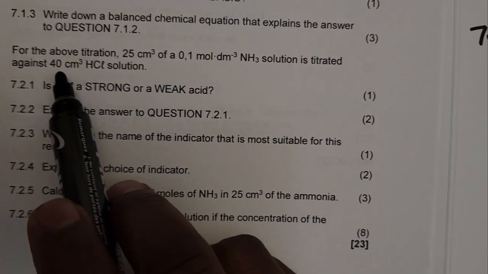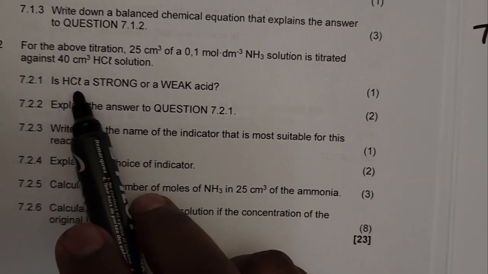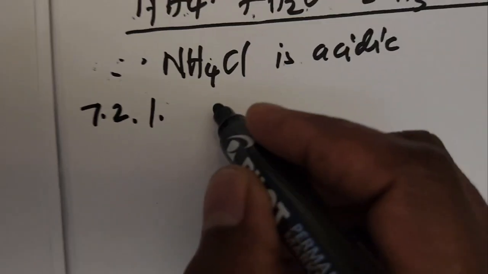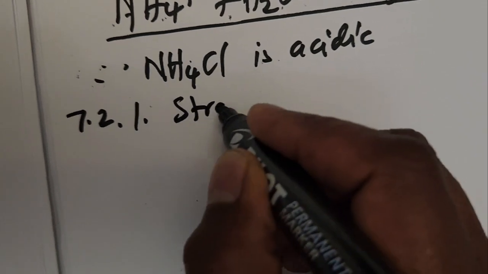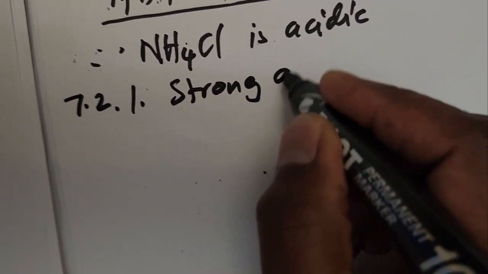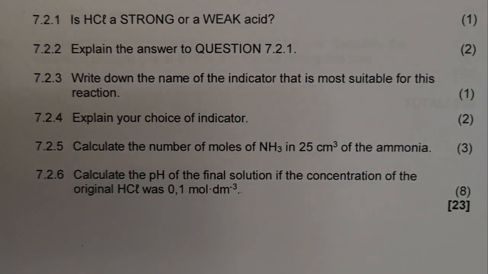So there we now need either concentration or number of moles. Fine. Now, is HCl a strong or weak acid? We know naturally HCl is a strong acid. Just say strong acid in this case.